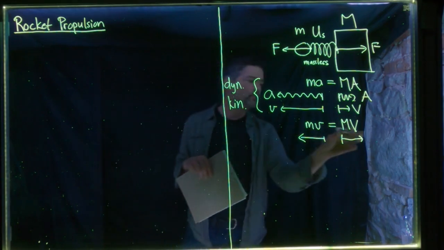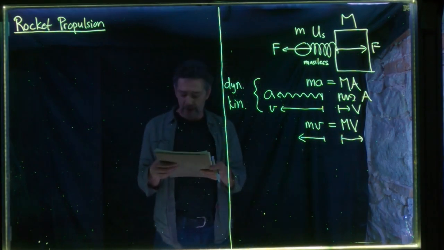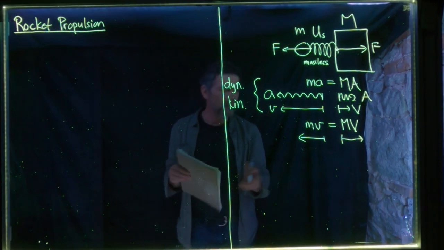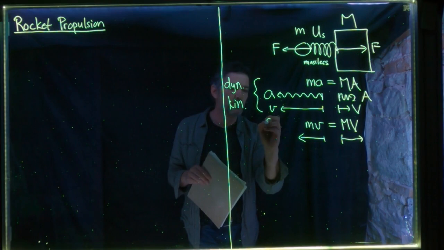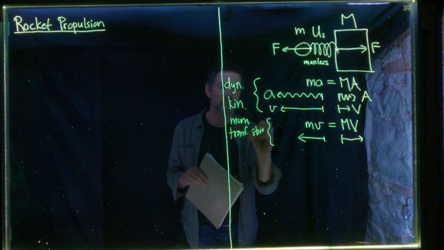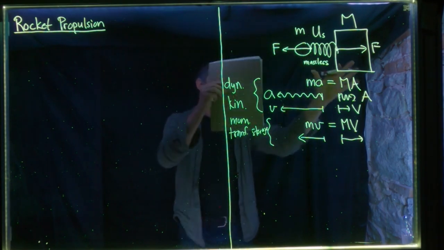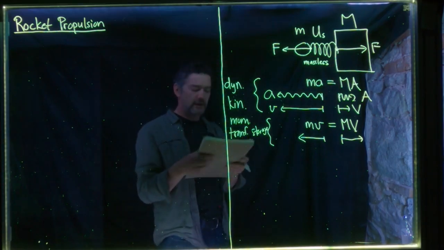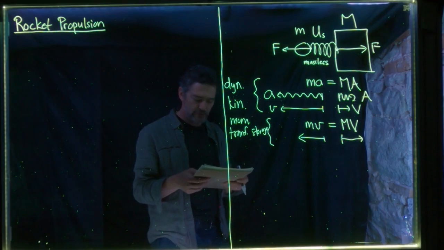So these two momenta are of equal magnitude, opposite directions. This is thinking about it from the point of view of momentum transfer or momentum storage. Total momentum stored was 0 to begin with, and total momentum stored at the end of throwing the cannonball is also equal to 0.